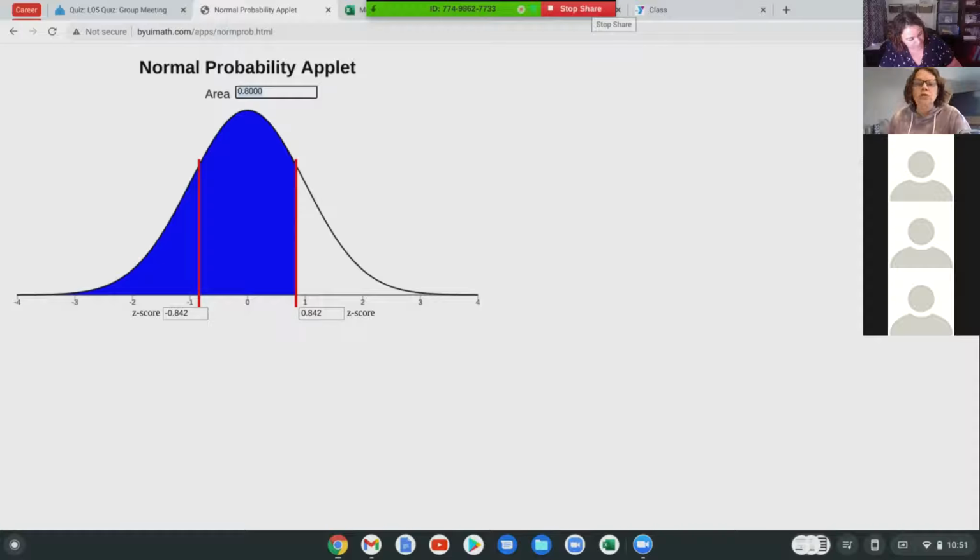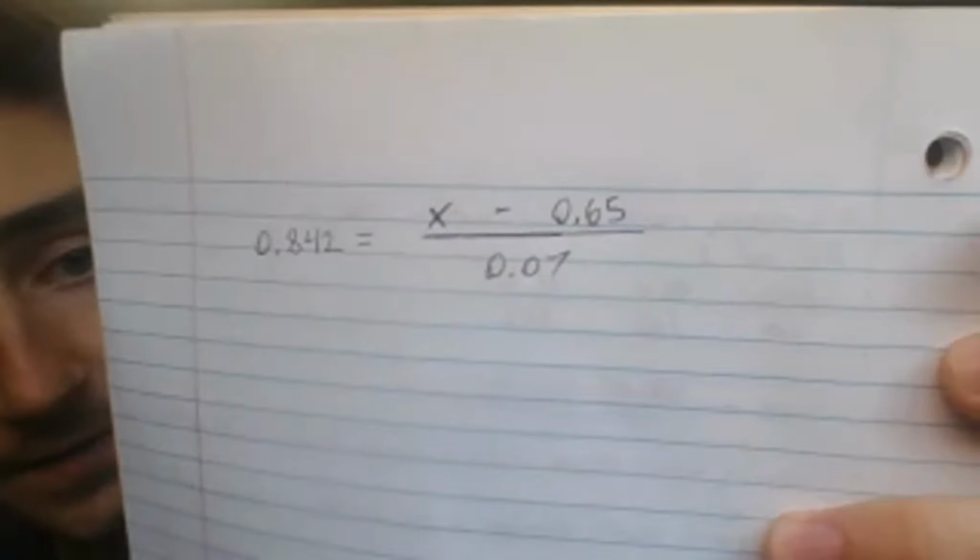So we got 0.842 equals, and we're going to fill in the rest of the table. Which is going to be x minus 0.65, over 0.07.